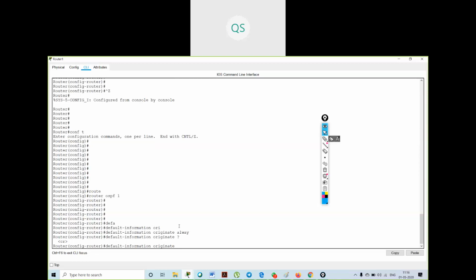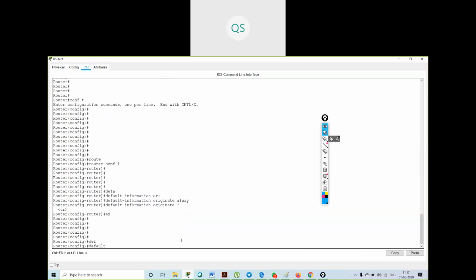Here there is no option for always. The command is default information originate always. Let me check. I think the command is in global configuration.